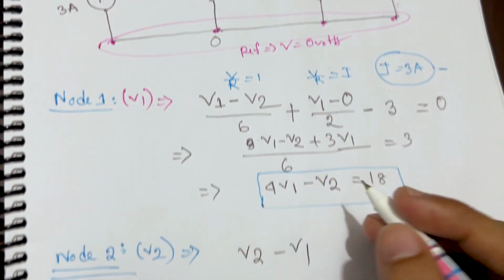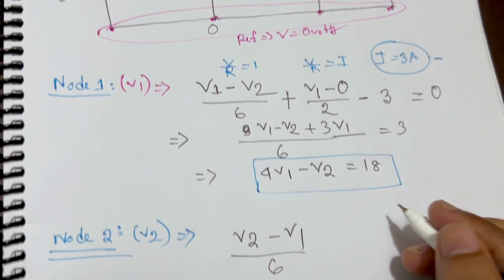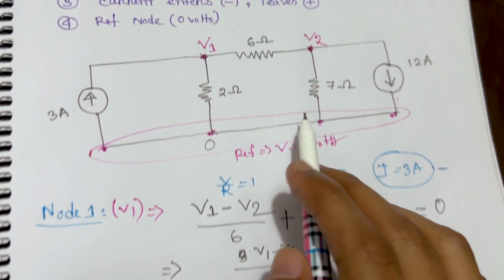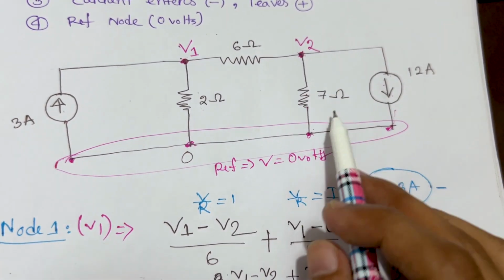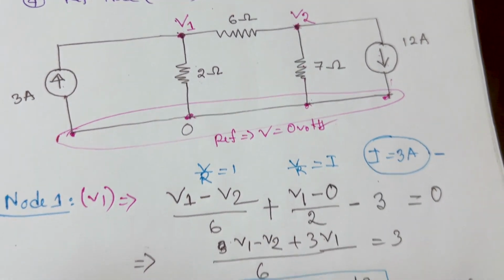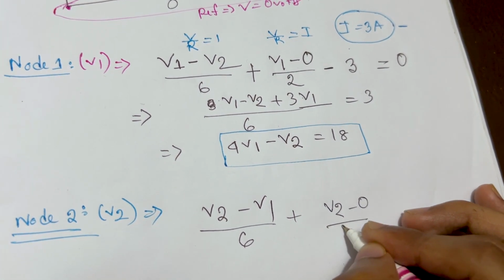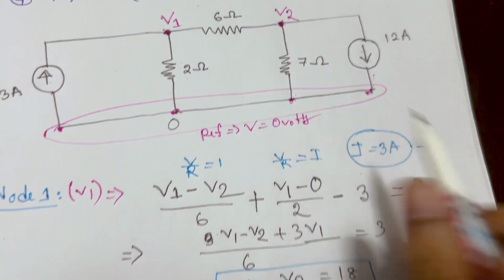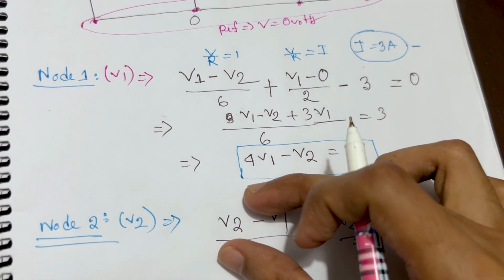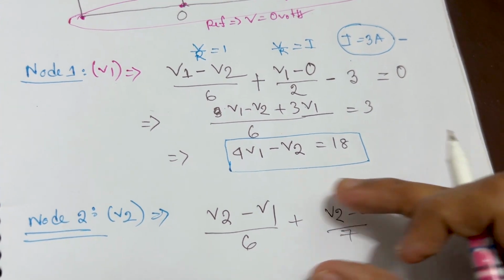So V2 minus V1 divided by 6 because there is a 6 ohm resistor between them, and suppose V2, and we have a 7 ohm resistor from the 0 voltage, so V2 minus 0 over 7. So V divided by R, this is the total current in terms of node voltage.